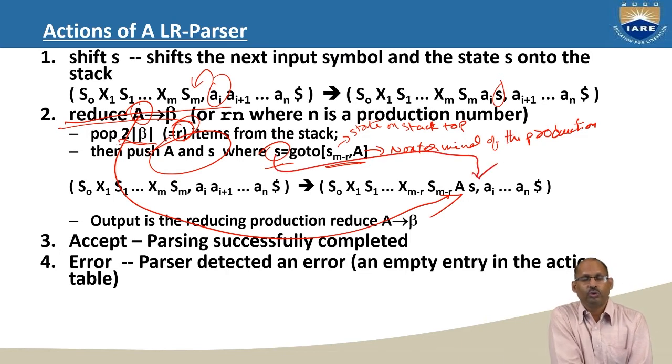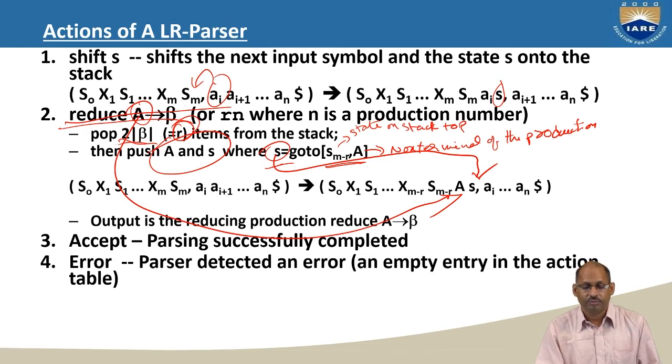By referring to the goto table with s(m-r) and A, we get a state s. We'll store the state s and the non-terminal of the production, the left side of the production A, on the stack.